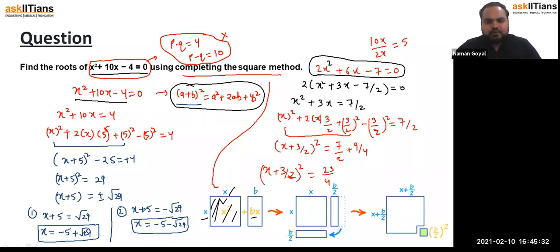We just break this rectangle from the middle. One part is added with that side, and the other part is added with the other side. So we got x plus b by 2 and x plus b by 2, and we just remove this small square quantity. So this is basically the activity part of the completing the square method.